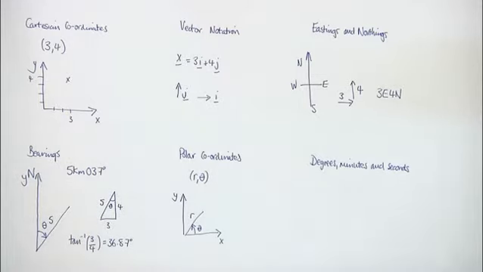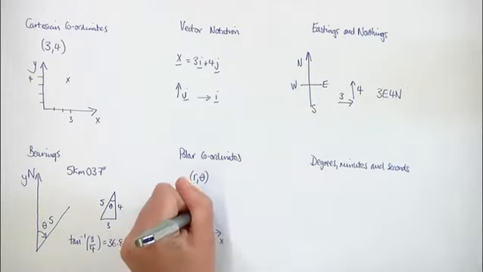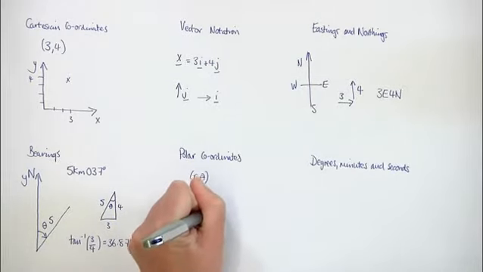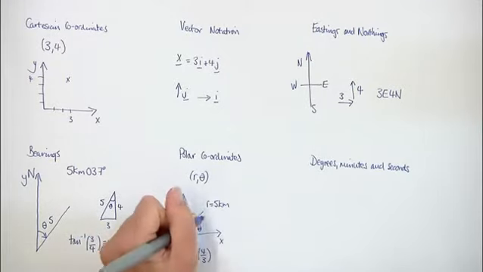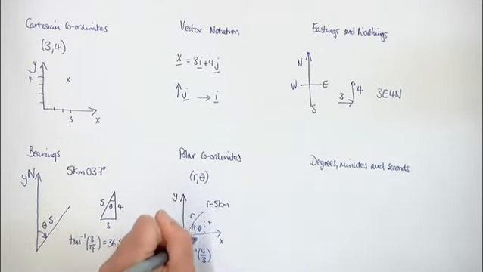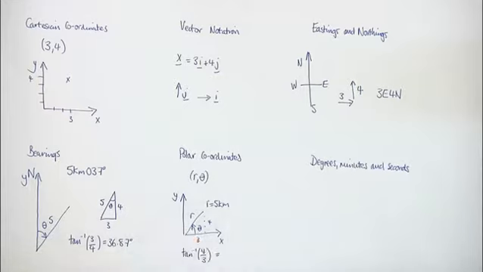Again, the distance r is 5 kilometres, but this time the angle is given by inverse tan of 4/3, which is equal to 53.1 degrees.